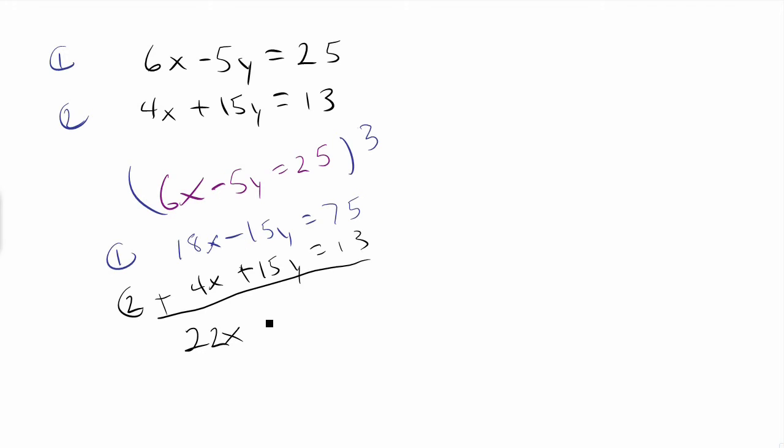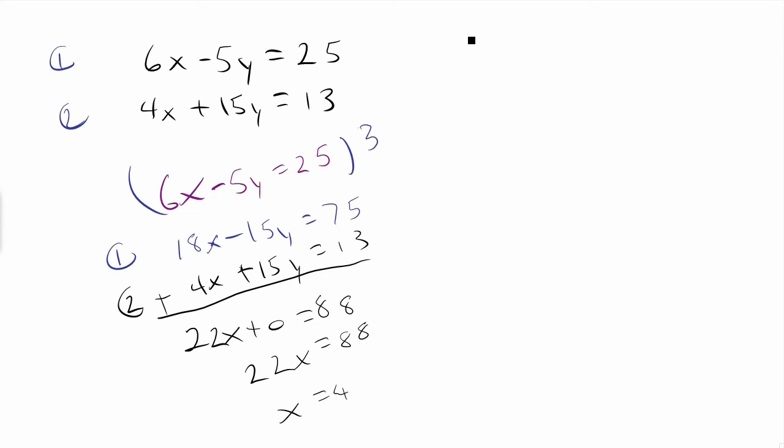Negative 15y plus 15y is 0, and then 75 plus 13 is 88, so I have 22x equals 88. If I divide both sides by 22, and you can check this, 22 goes into 88 4 times, so x equals 4.